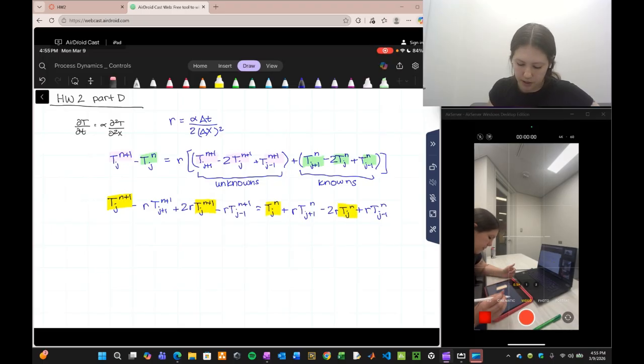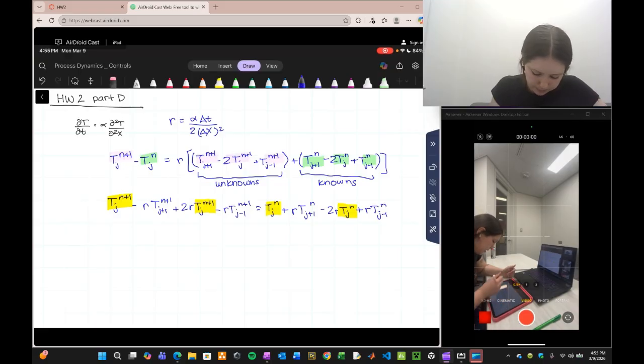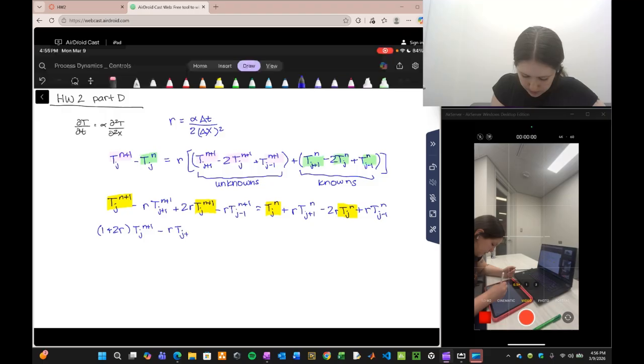So we can combine those terms and we will get 1 plus 2R times T j n plus 1, and then minus R T j plus 1 n plus 1, minus R T j minus 1 n plus 1.